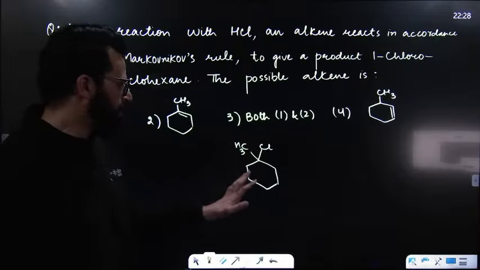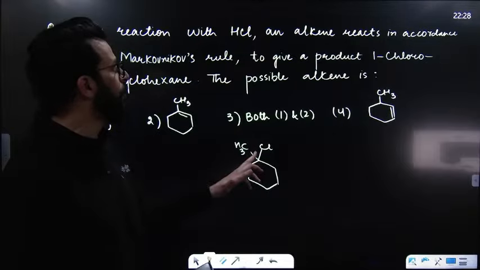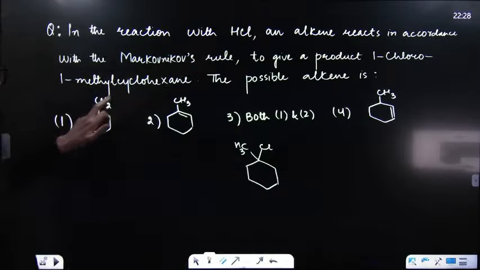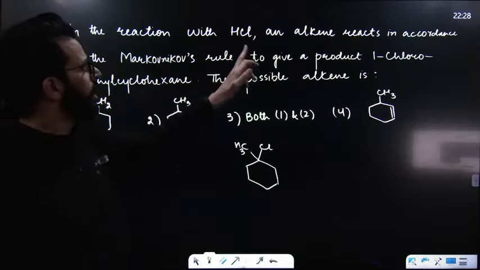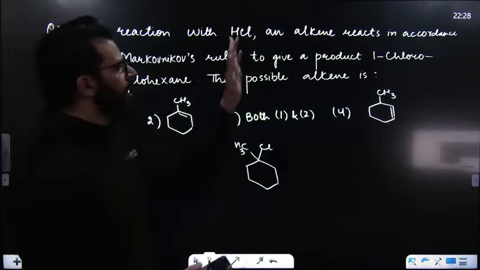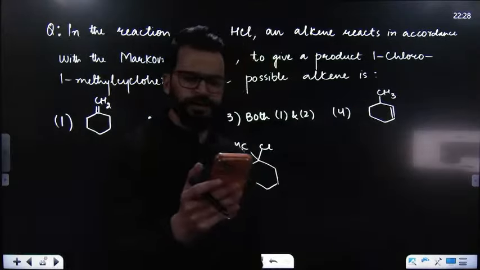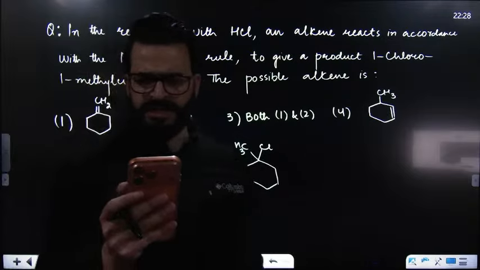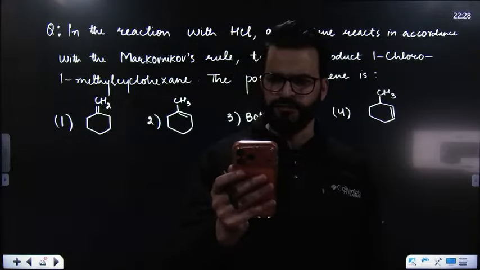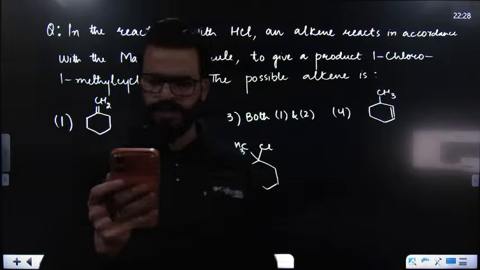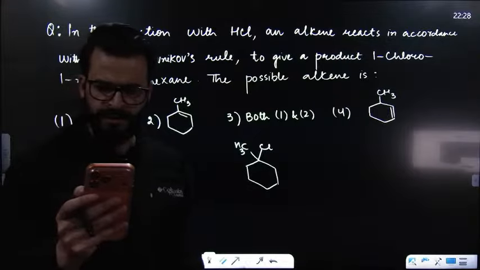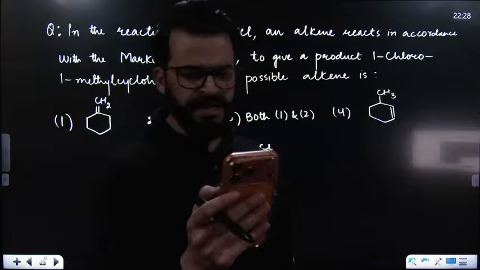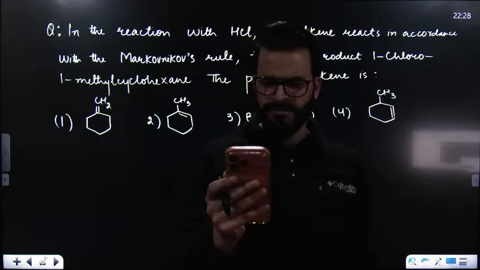Now let me know in the chats, is this product formed by the addition of HCl to this, or to this, or to both, or to this? Let me know in the chats quickly what the answer will be. Ehsan, exactly. Rufi, exactly.